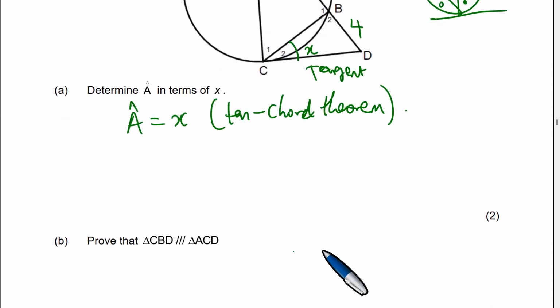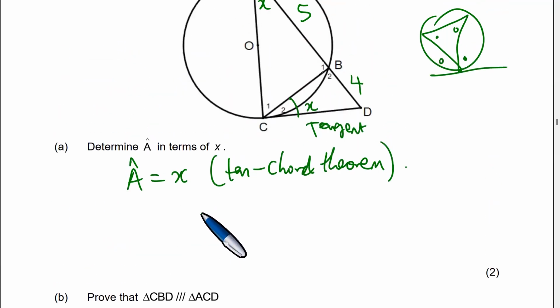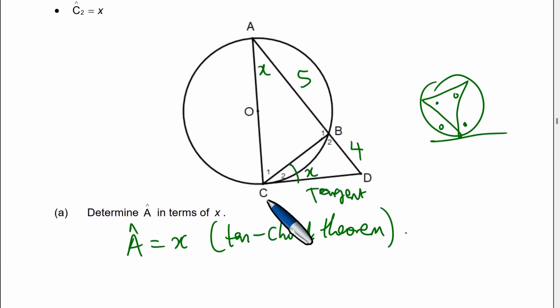So next. Prove that triangle CBD is similar to triangle ACD.